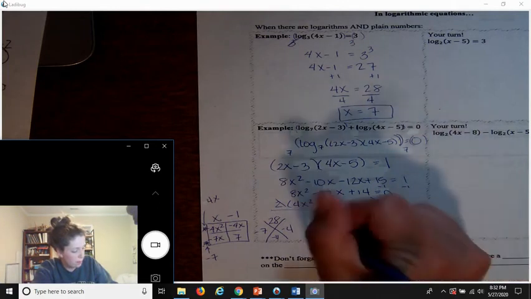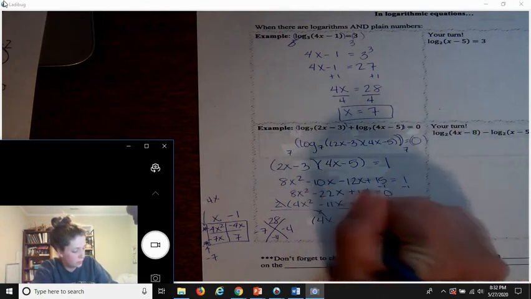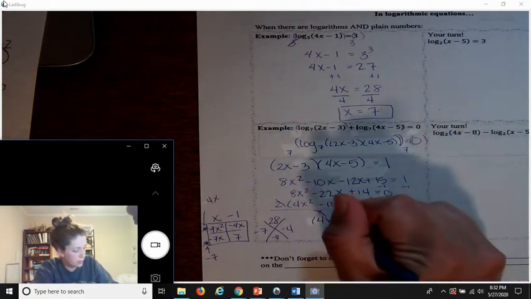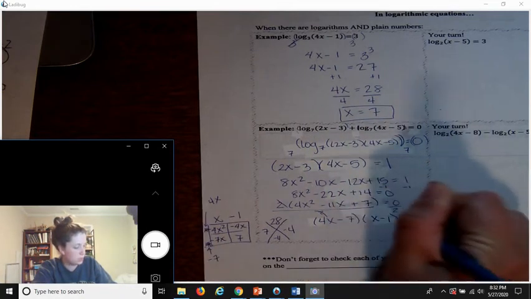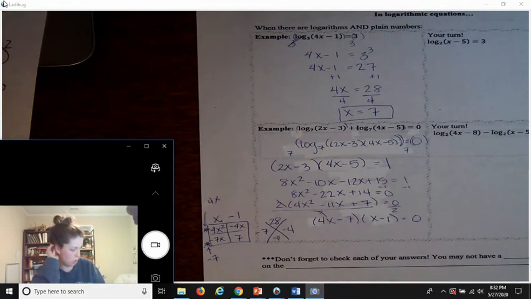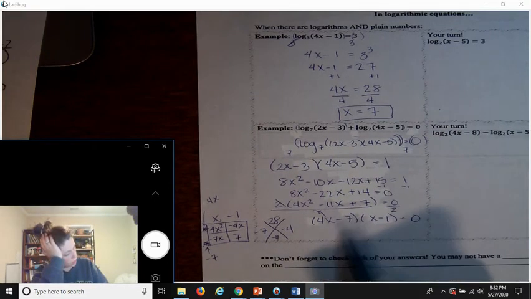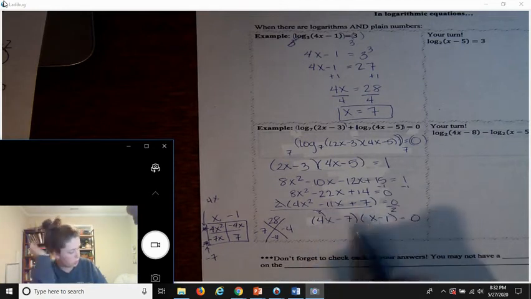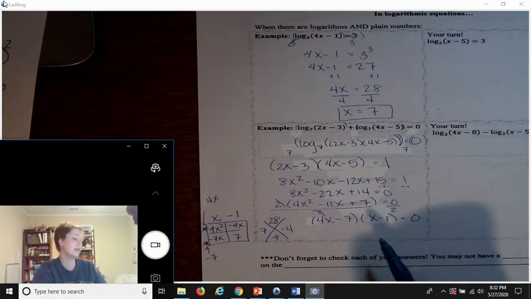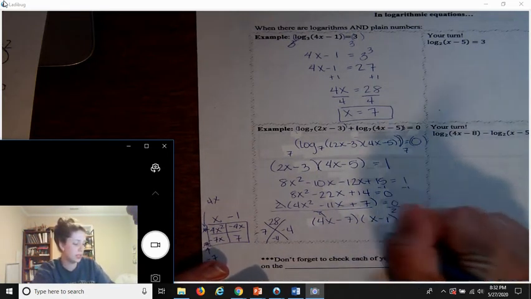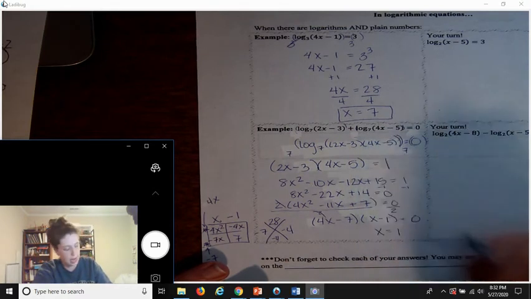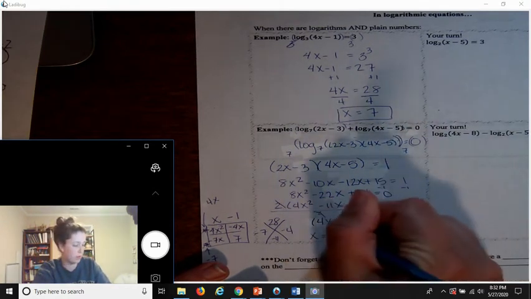So we would have 4x minus 7 times x minus 1 equals 0. So this will give us the 4x squared, negative 4x, negative 7, giving us the negative 11x, and then our positive 7 is our last factor. So when we set each of these equal to 0, we should get x equals 1 and x equals 7 over 4.